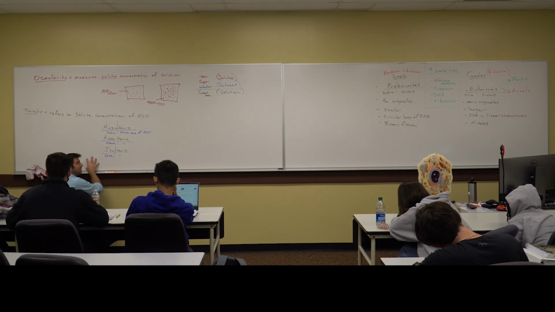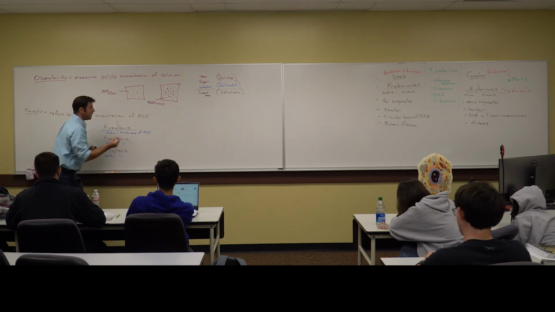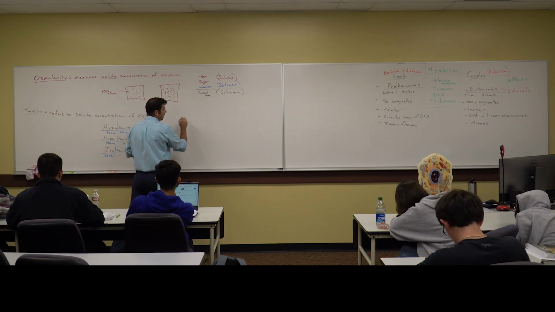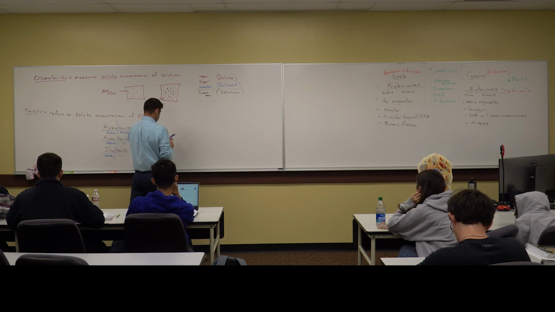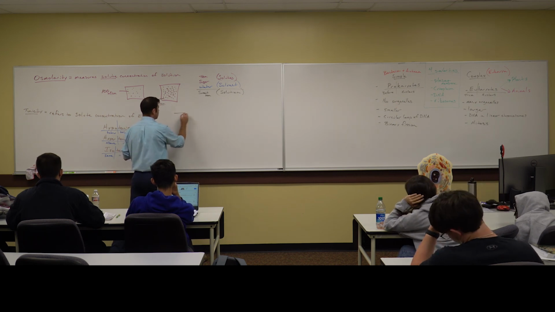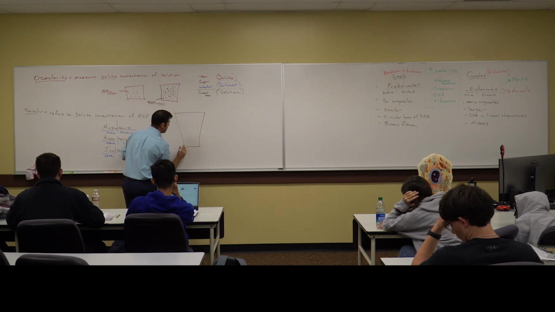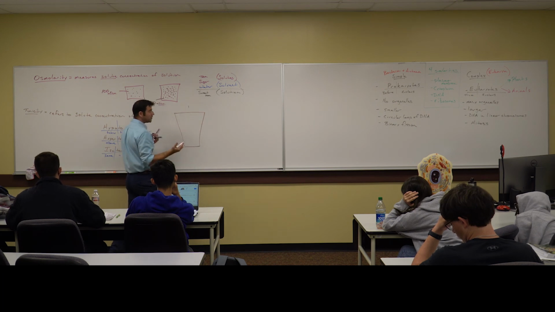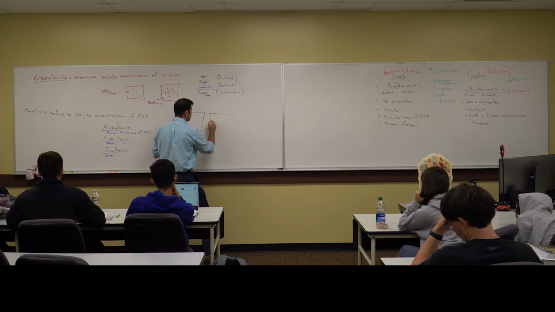We built each of these solutions in lab last time, and I'll try and draw one of those real quick. I think we can fit them in here. Let's put, I'll use this color. We didn't have numbers on them, but I'm going to label this one as beaker number 1.